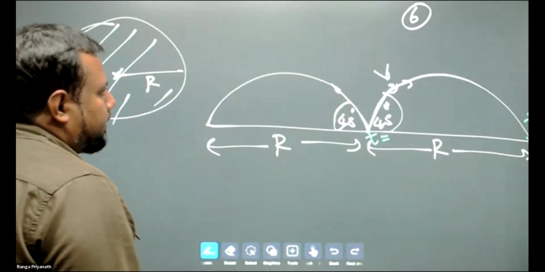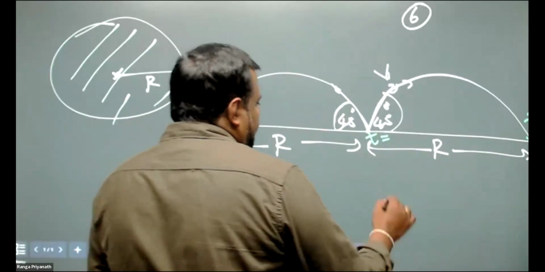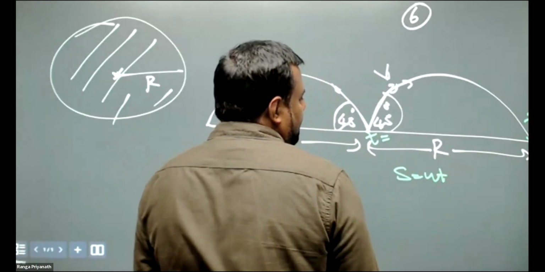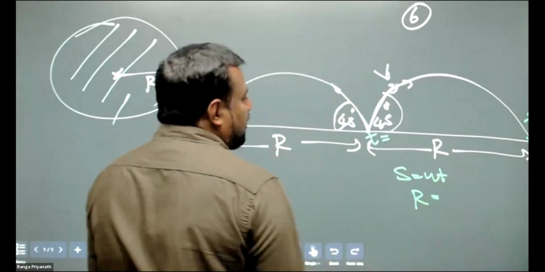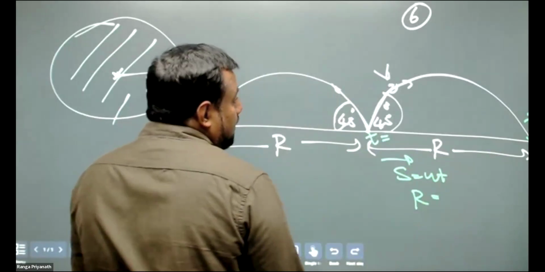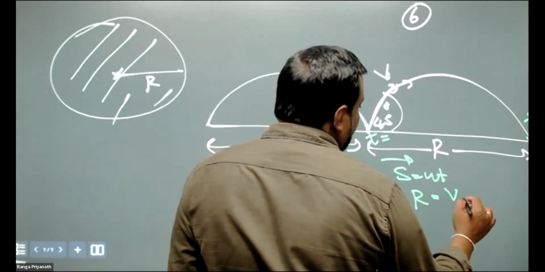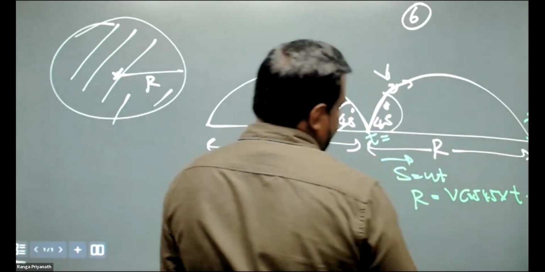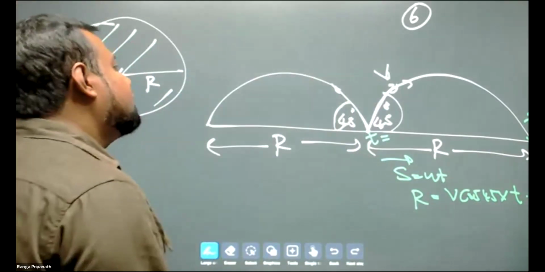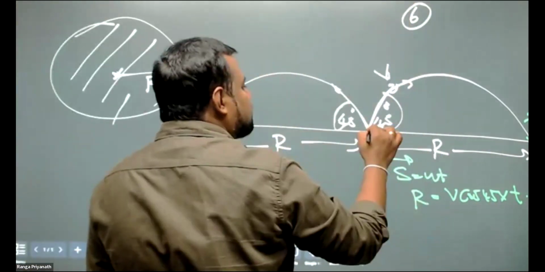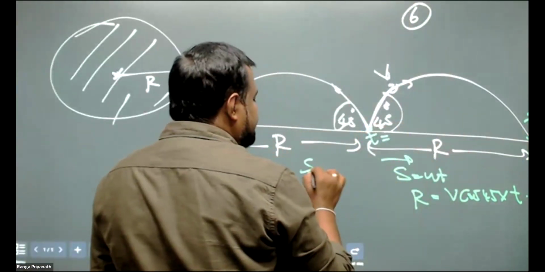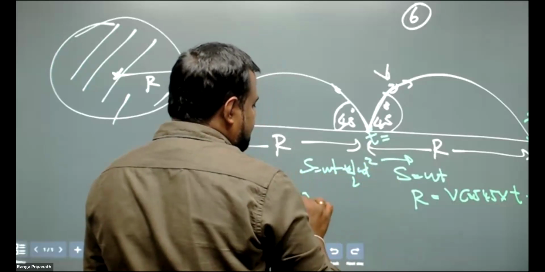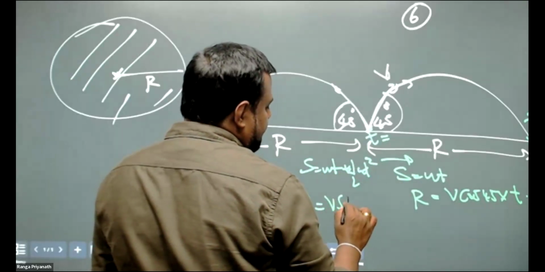Using s equals ut horizontally, the speed is v cos 45, multiplied by the time t. Consider the vertical motion from here to there, s equals ut plus half at squared, and s becomes 0.